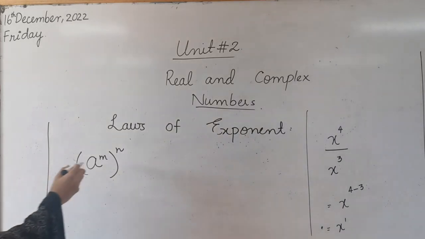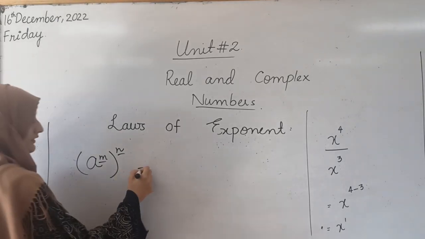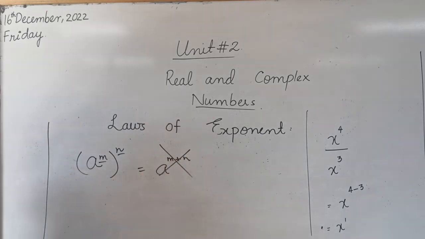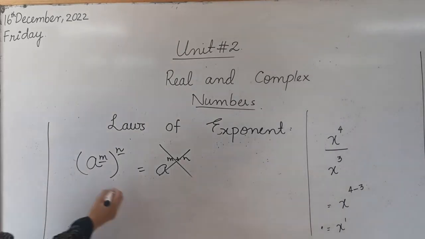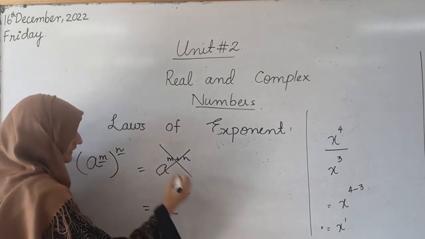These are two powers. What will we do? Will we add, a raised to power m plus n? No. Then, is there any other choice? Good. We will multiply the powers. a raised to power m multiply n.